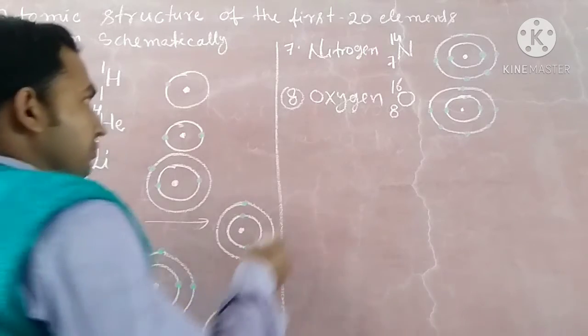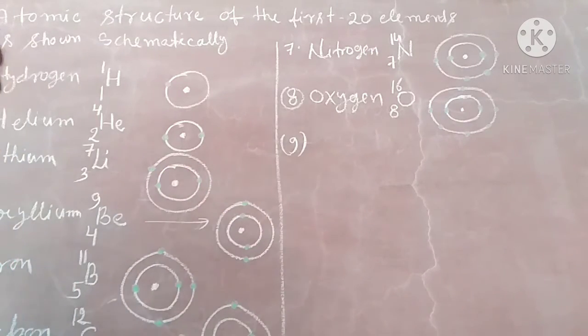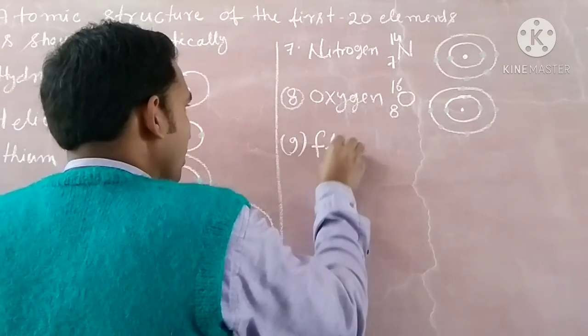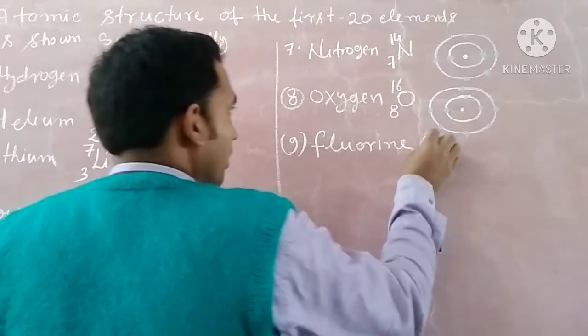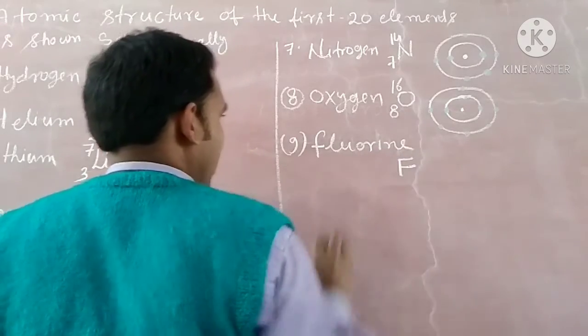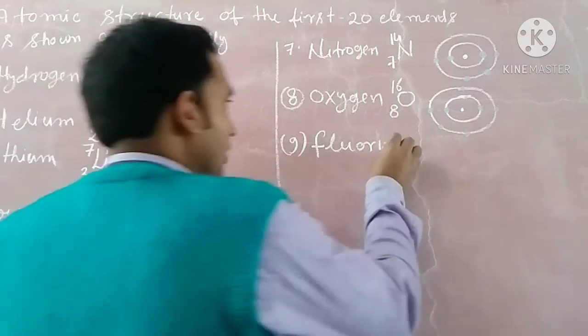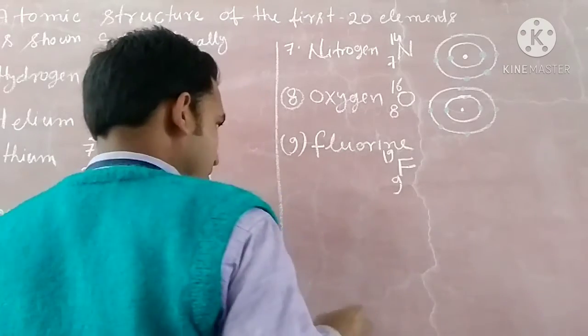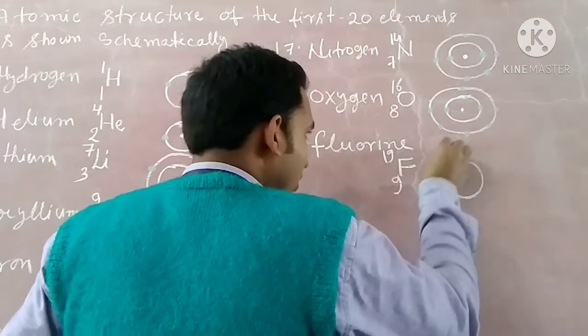And next, fluorine. Its symbol is F. Atomic number 9. Mass number 90. Their schematic diagram: the first cell has 2 electrons.